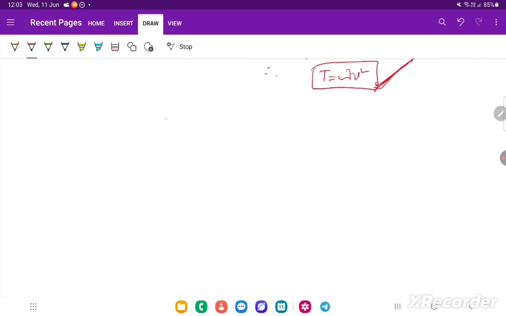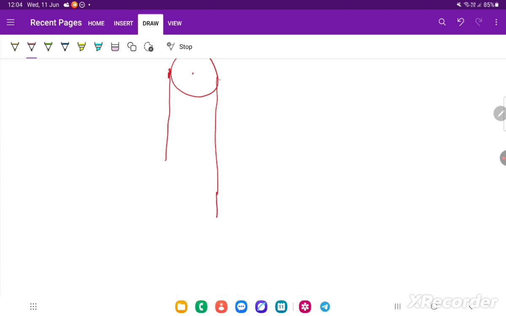So let me draw the diagram once. Let's say this is the pulley, and this was the initial level.